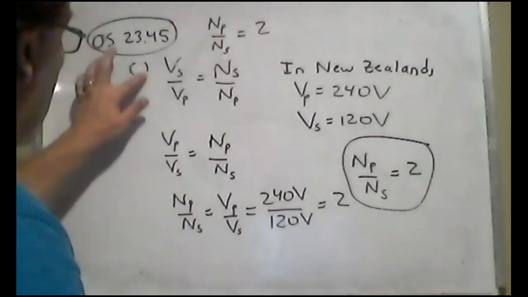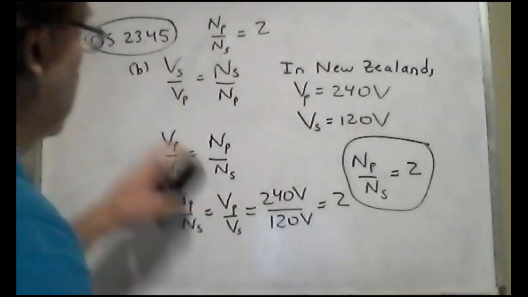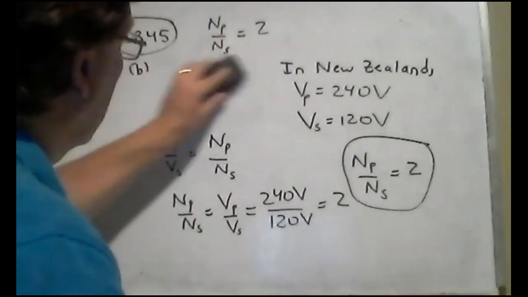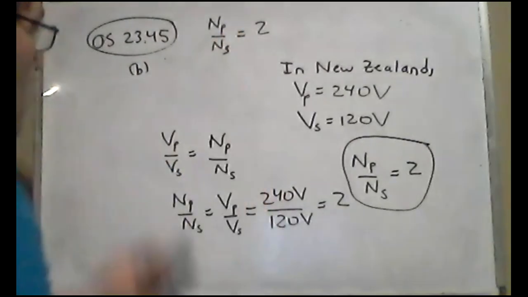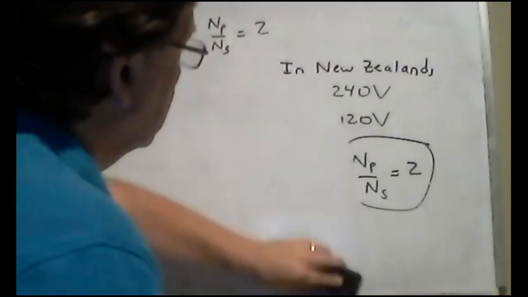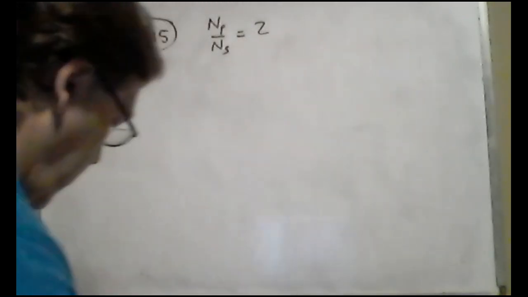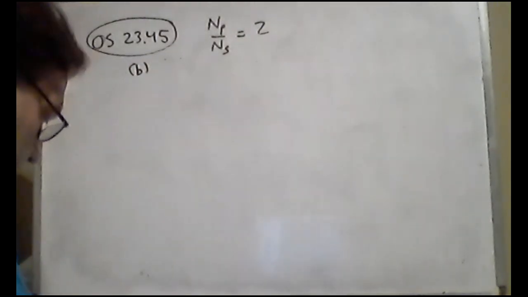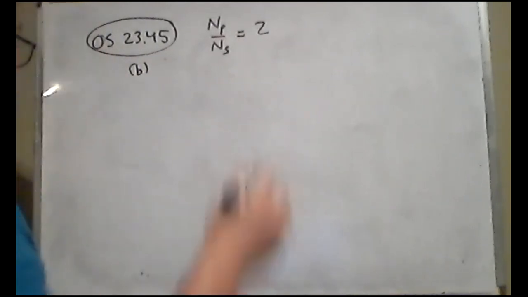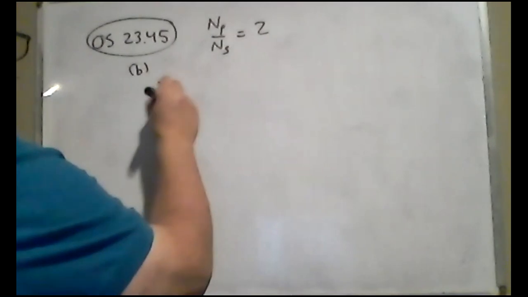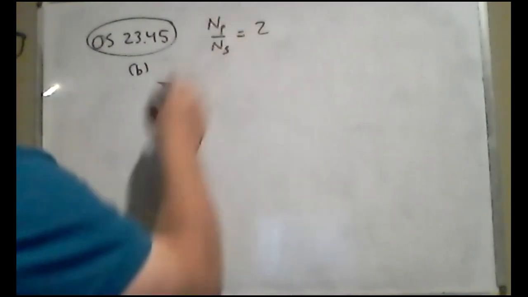Now let's go to part B. Now we want to talk about the currents. Part B says, what's the ratio of the input to output current? So what's the current equation? Again, a transformer equation is most appropriate now that we know this information.